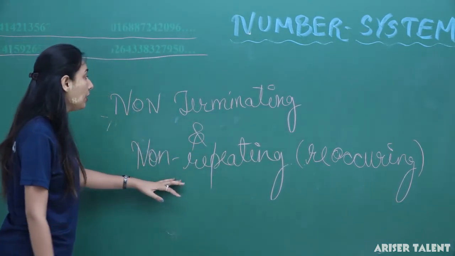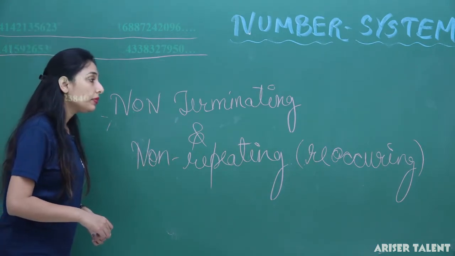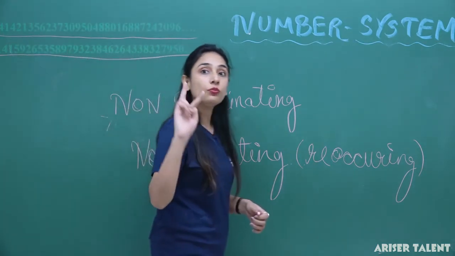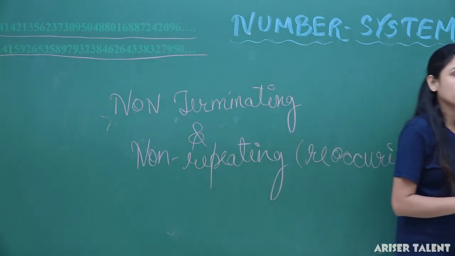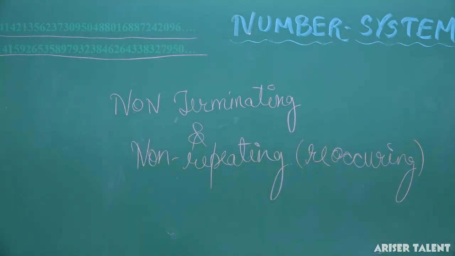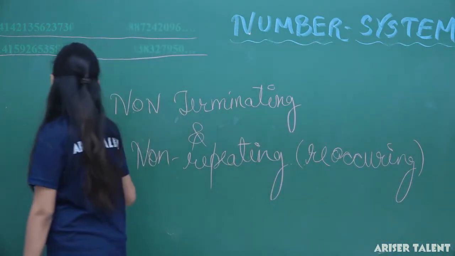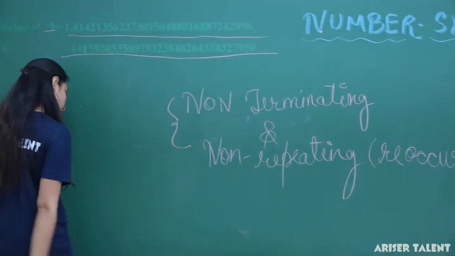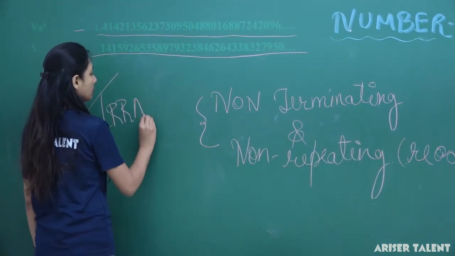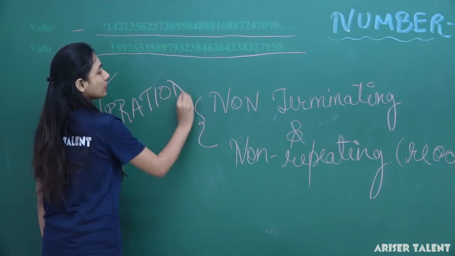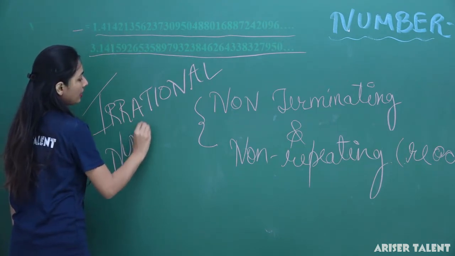So, this is the kind of value with both qualities, non-terminating and non-repeating or non-recurring. Note this, okay. So, these non-terminating and non-repeating or non-recurring ones, we will mention as irrational numbers. These are irrational numbers.